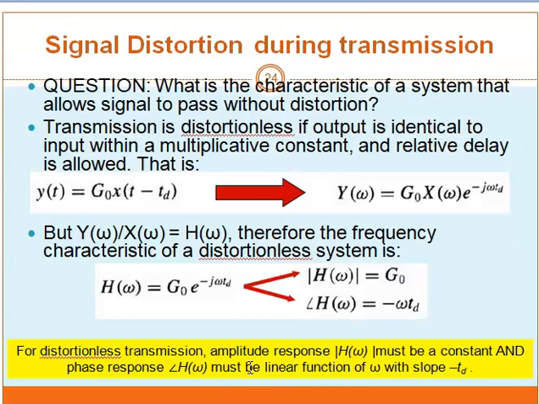Signal distortion during transmission. What is the characteristic of a system that allows a signal to pass without any distortion?